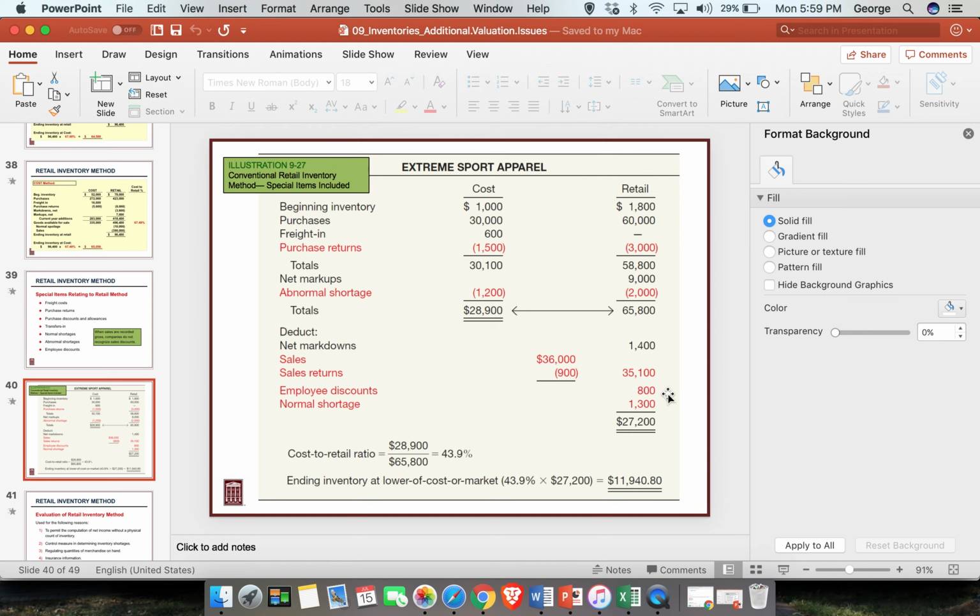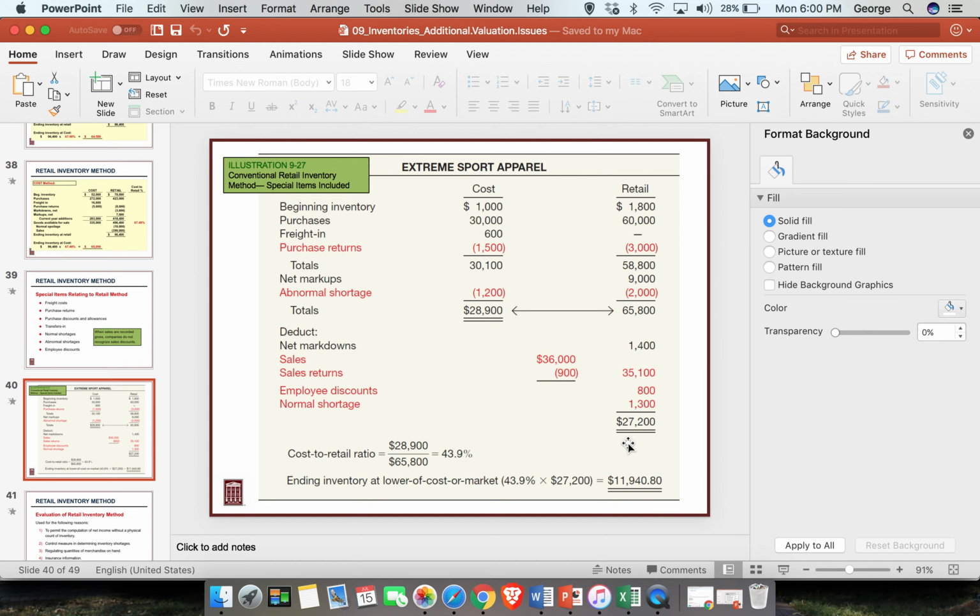So my ending inventory is 27.2. Sales are 39.1. Goods available are 65.8. Subtract out the sales amount, and we end up with ending inventory of 27.2 at retail.